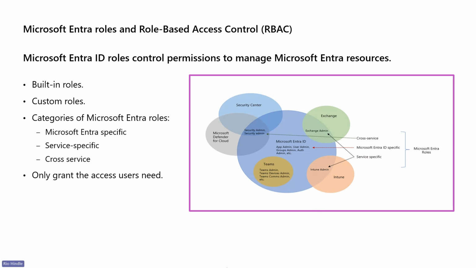So if I minimize this quickly, come back to here. Now we've got role-based access control, and from this slide, I'm going to use this as a reference point. What we really want to take away from here is there are probably three types of roles we can assign to a user in Microsoft, right?